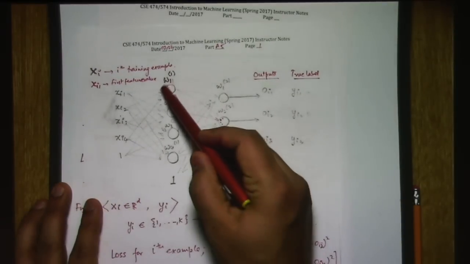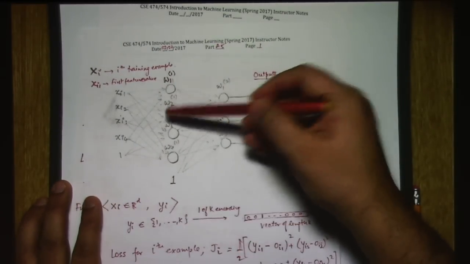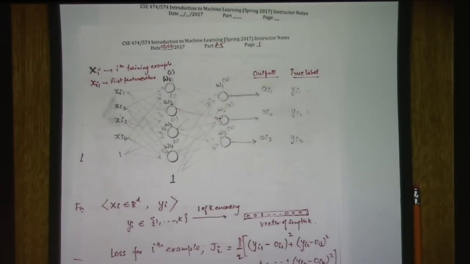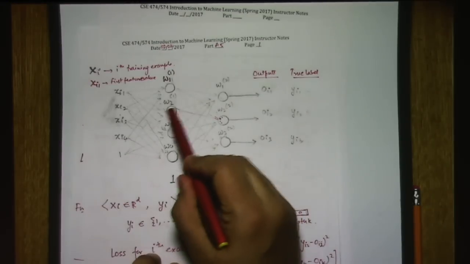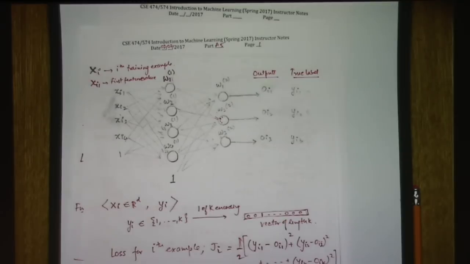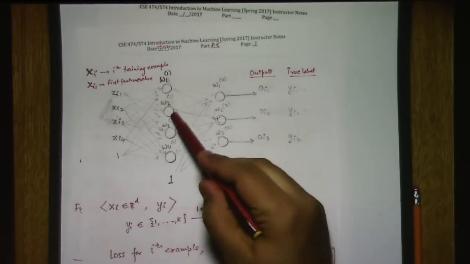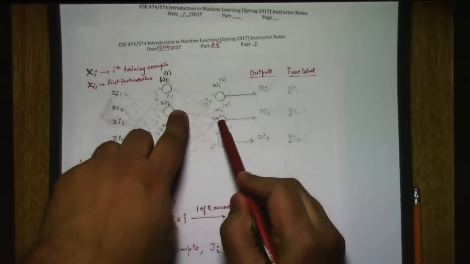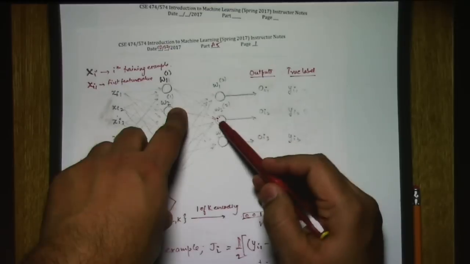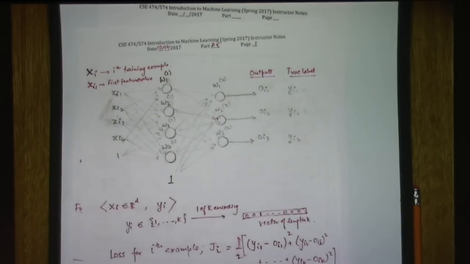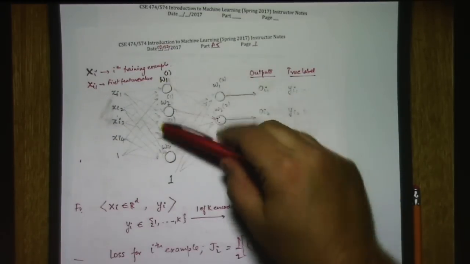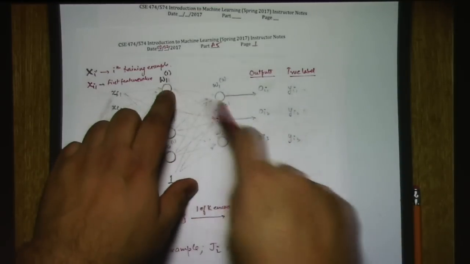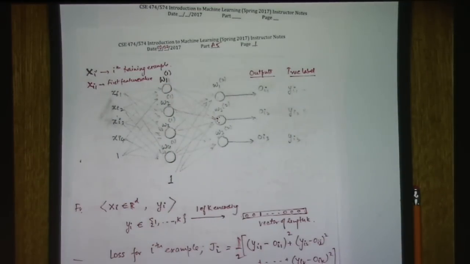Each one of these weight elements contributes to the net of j, then that net of j becomes O of j, and that O of j goes to all of these output units, and then that goes into all of the final outputs. That means that net of j is connected to the final J through all of these weights, and that is what we need to be a little careful about.